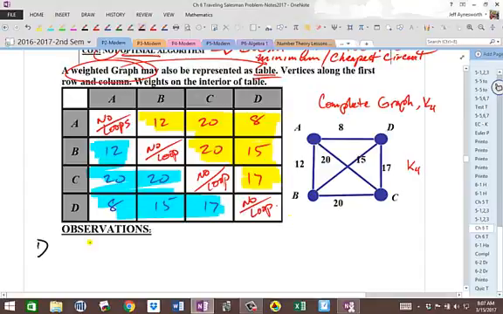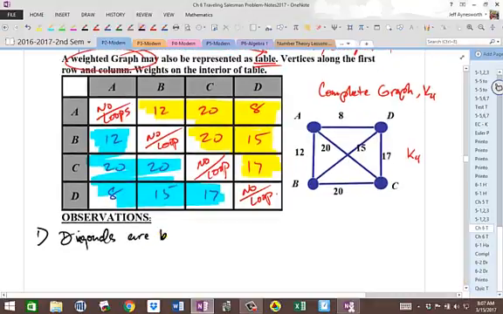So the first observation is that the diagonal is blank, with no values, because no loops exist in a complete graph. Let's write that down. Diagonals are blank, or have no values. Why? No loops exist in a complete graph.